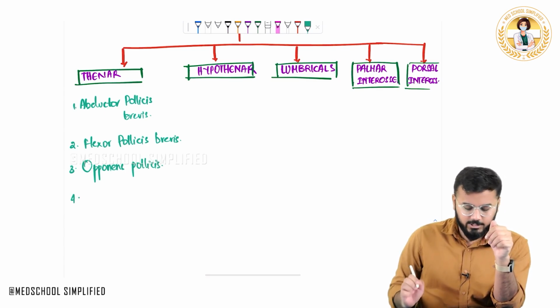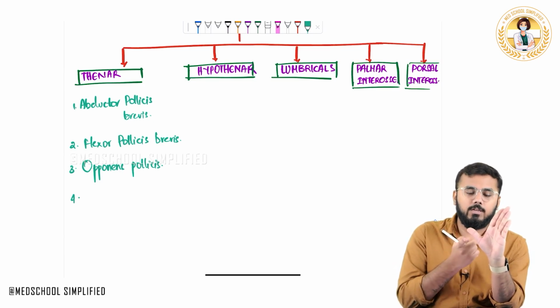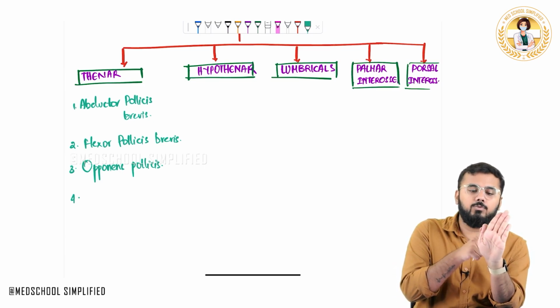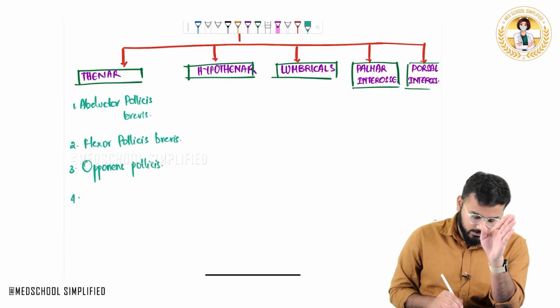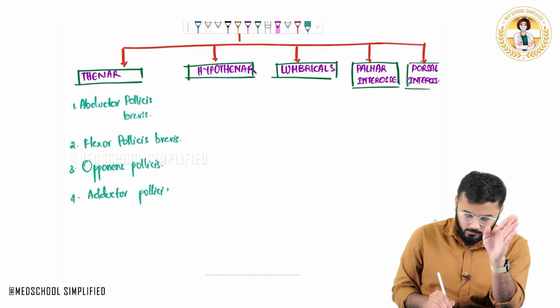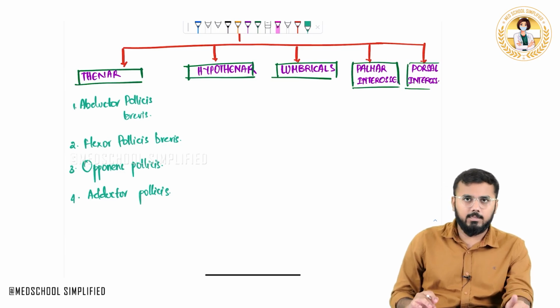And the final function, as I told you: if I am taking my finger away from all these 4 fingers, I can also bring my thumb towards my 4 fingers. This is called adduction. So the muscle is adductor pollicis. These are the 4 muscles which are located in the thenar region.